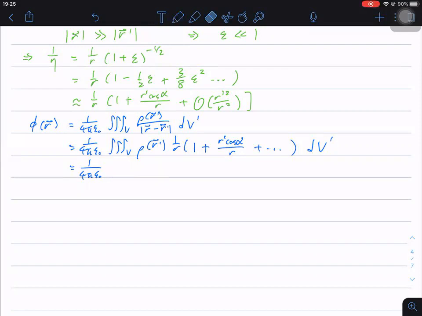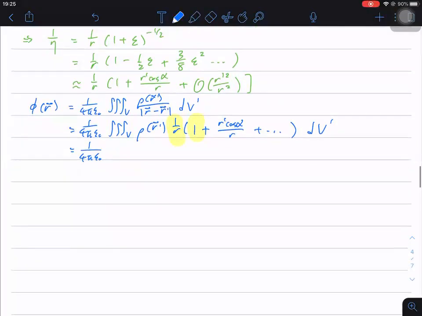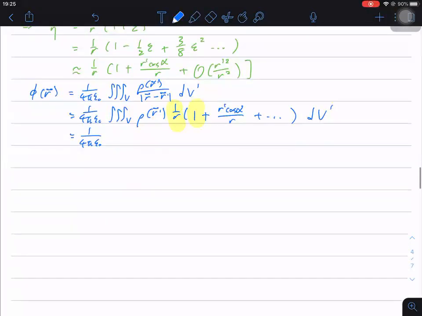For the first term, we have 1 over r times 1, so just 1 over r. Since we are integrating over r prime, 1 over r is constant to this integral, so we can move it outside the integral. What is left is just integrating all the charge distribution.